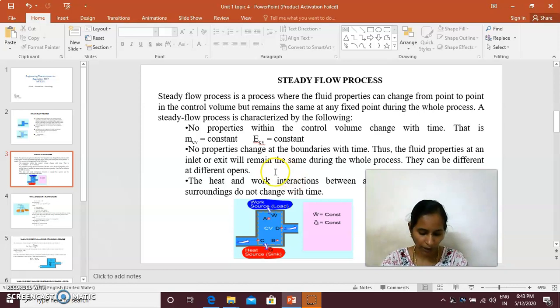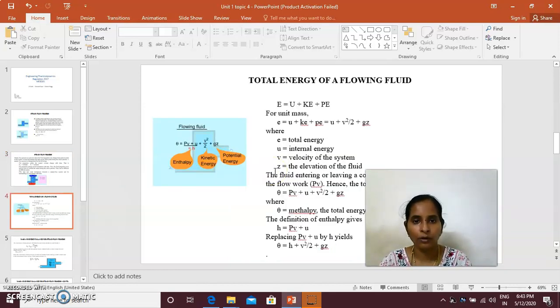Okay. Now, for deriving this steady flow energy equation, we will derive this one by two means. One is on unit mass basis and another one is on unit time basis. Okay. Generally, the energy is the summation of internal energy possessed by the molecules, kinetic energy and the potential energy.